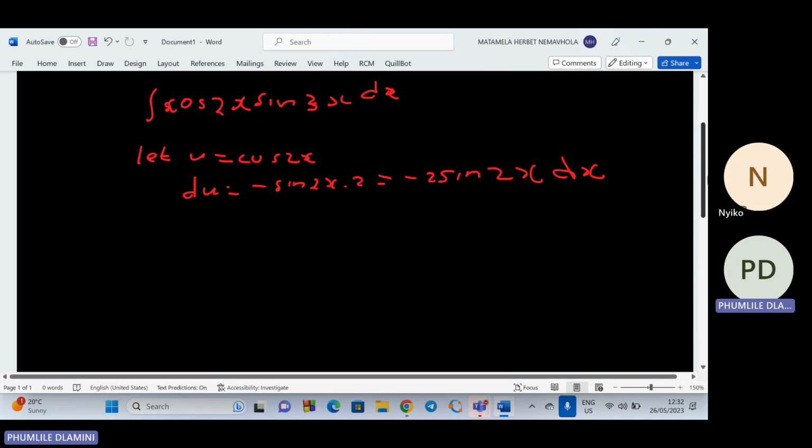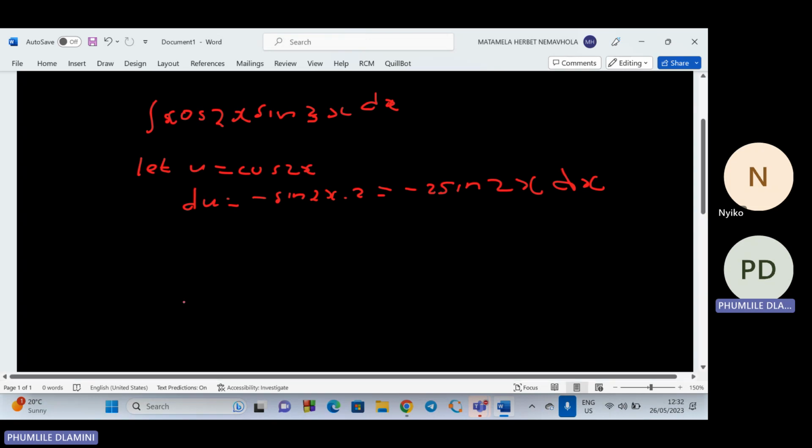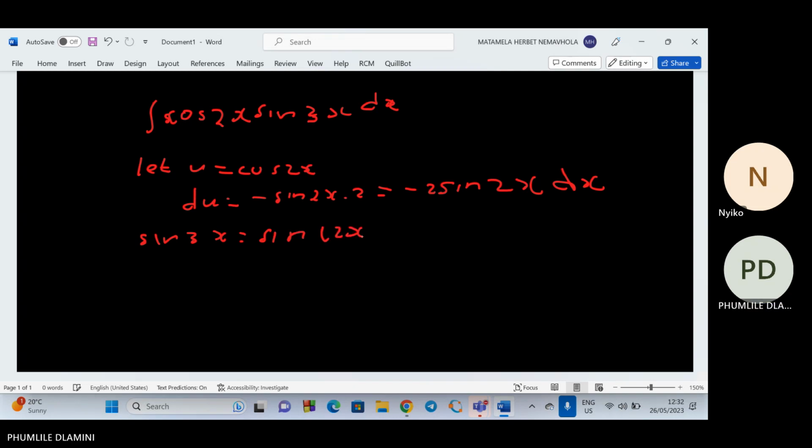So that's when we have to think of what we can do in order to get something better than this. In this question, I can decide to start with sine of 3x. I can write sine 3x as sine of (2x plus x).